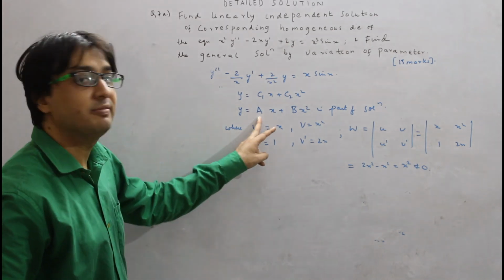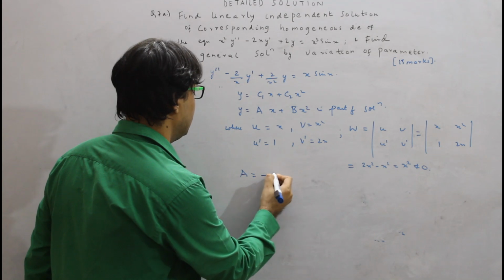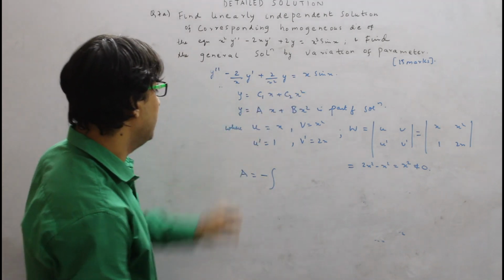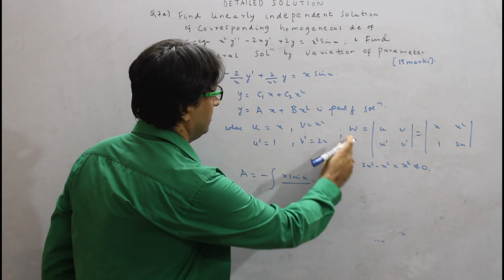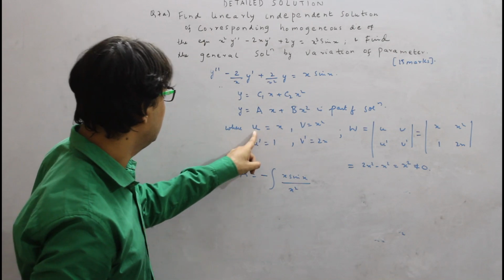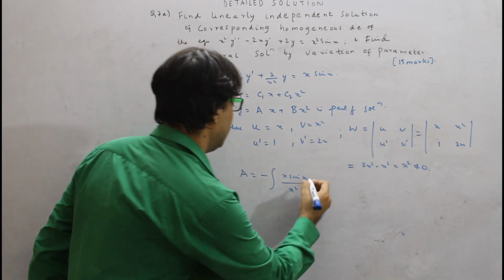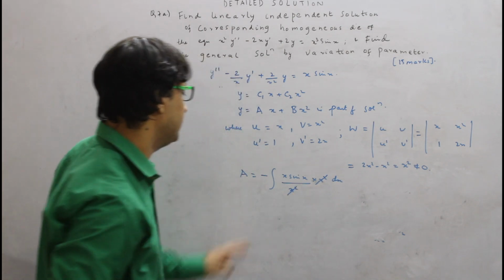So now we will find the values of a and b. A can be written as minus integral of v times r, that is x square times x by sine x, divided by w, that is our x square, and so this one and this one get cancelled.